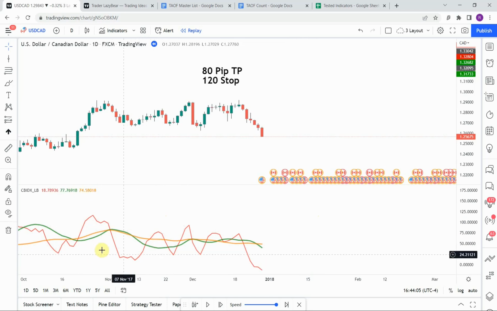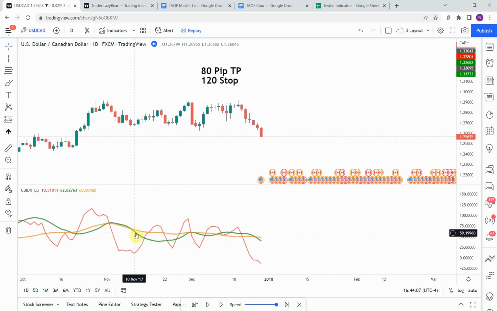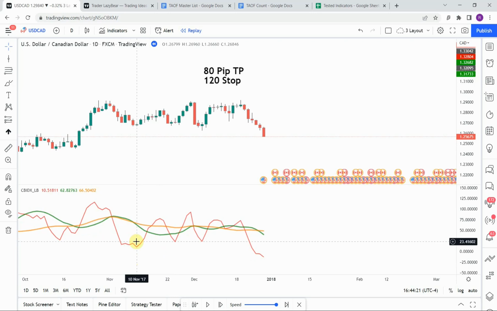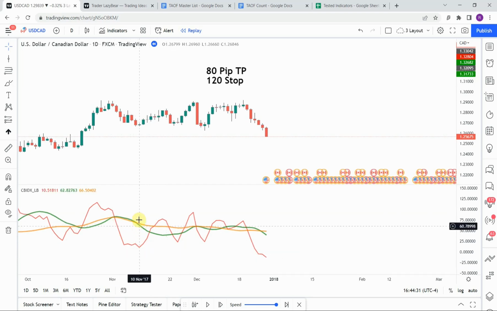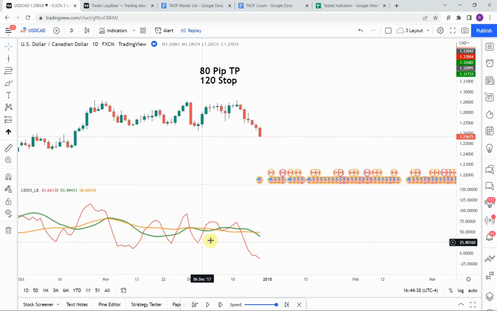When the green line is below the orange line, we are looking for the red line to also cross down below both lines, and that is going to be our signal to go short, when we get the cross of everything all together. For example, right here we can see that the red line is down below both lines, and we get the cross of the green line down below the orange line right here. That would be a short signal.